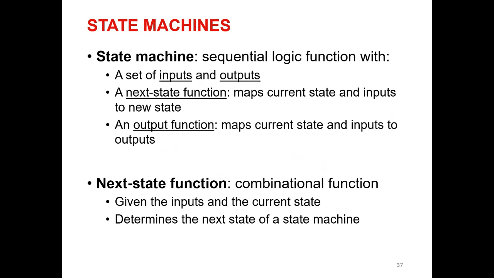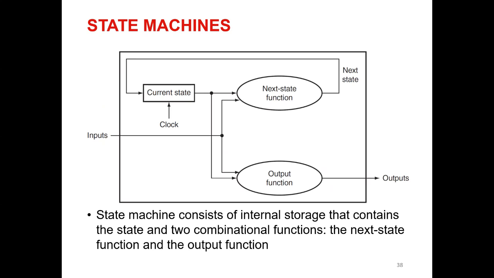So let's see graphically how we represent this. Imagine that here we are representing a sequential logic block using state machines. We have the state, which is the current state. This is just the memory element, the latch, a D flip-flop, or whatever we are using here.